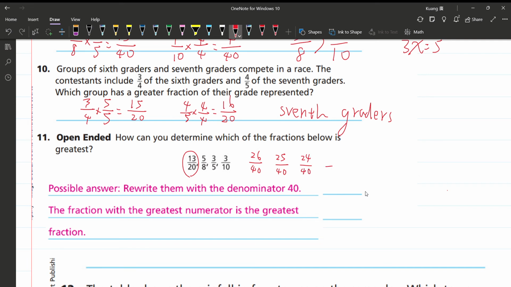The last one, times 4 over 4, 12 over 40. So everyone has denominator 40. The fraction with the greatest numerator is the greatest fraction. So we can determine which of these fractions below is greatest.